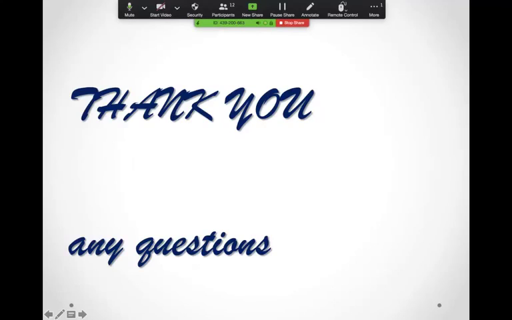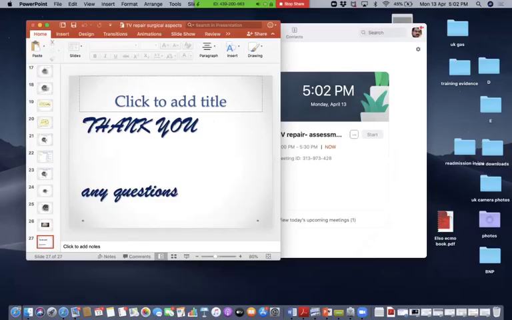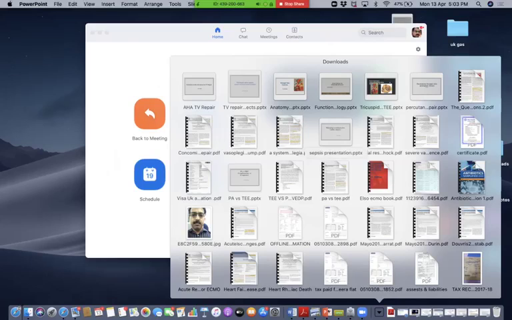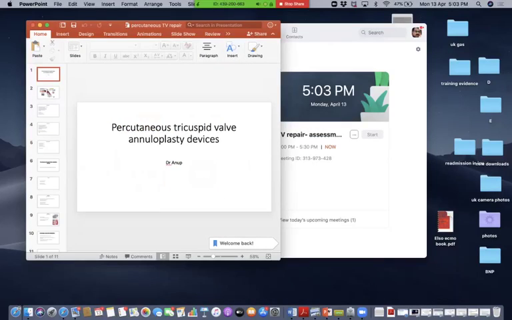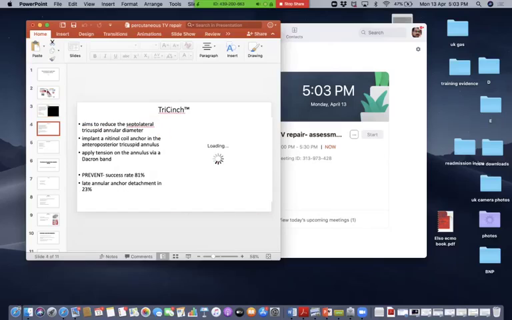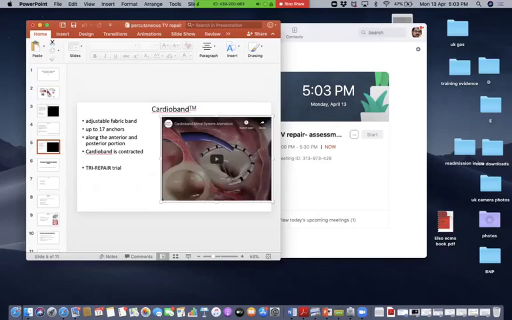Next slide, please. Thank you, Rahul. That was a very good presentation on the surgical options that are available for tricuspid valve repair. Along with this, we should also be aware that the cardiologists are making quite a bit of progress in developing methods to percutaneously tackle the problem of tricuspid valve regurgitation.